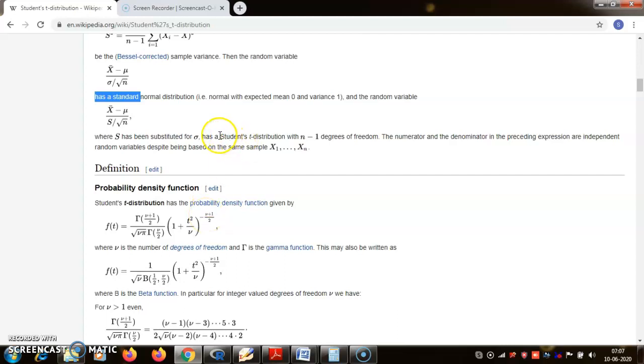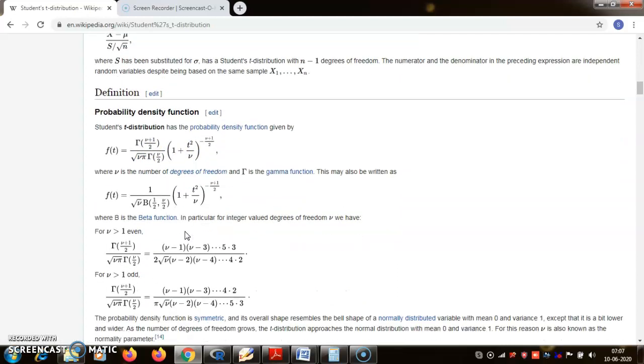That would be the formula for the student t distribution with n minus 1 degrees of freedom. And of course here you will have gamma of n by 2, here you will have gamma of (n minus 1) by 2, and so on.